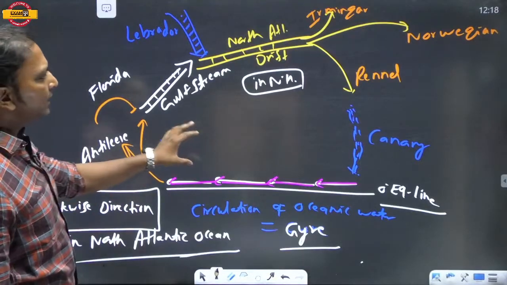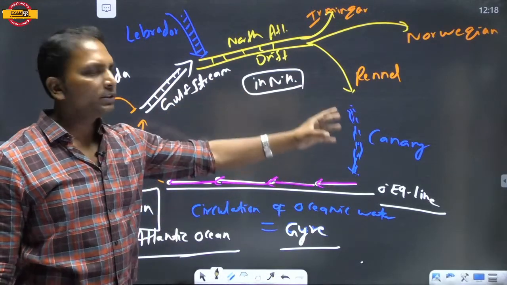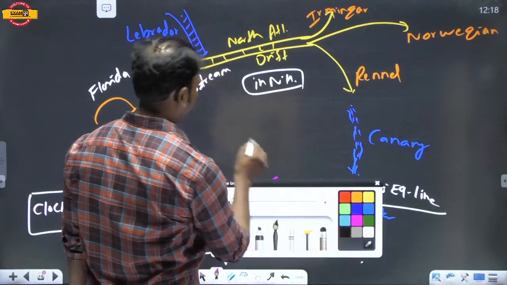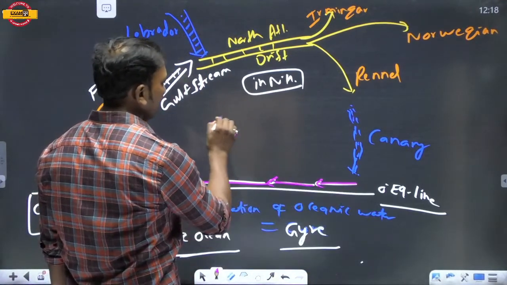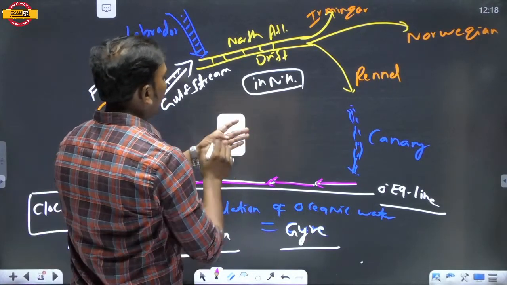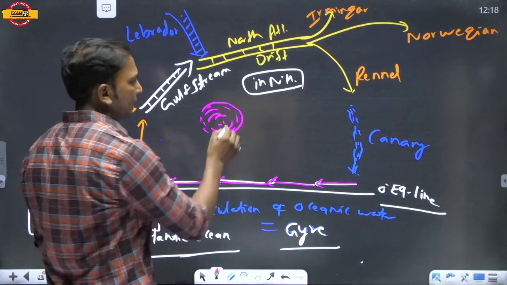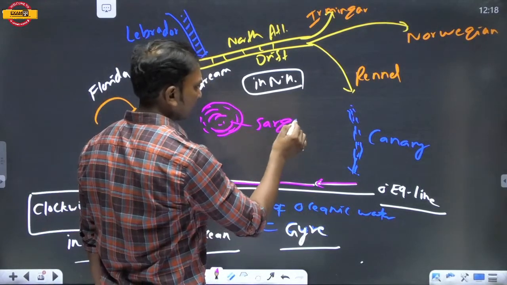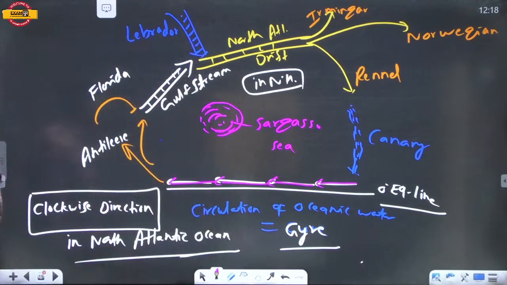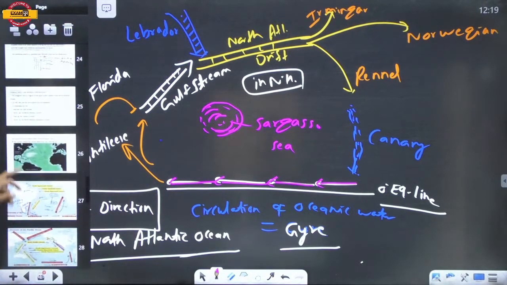In this picture we are seeing the circulation of oceanic water, but on this side, see here, this is a place where there is a lack of circulation of water. And this is the Sargasso Sea.